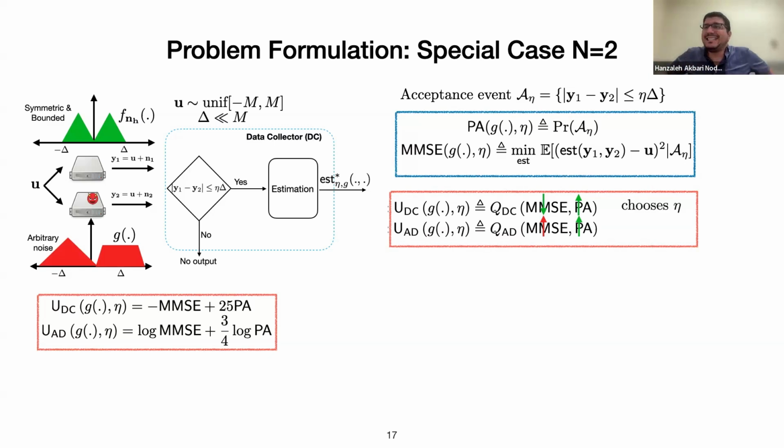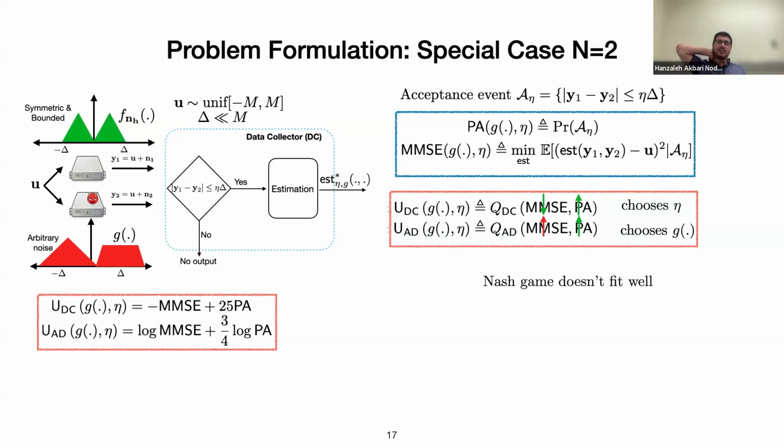Okay, and in this game, the action set of the data collector is to choose eta, the threshold, to accept the computation. And the action set of the adversary is to choose the corresponding noise distribution. Okay, so these are the action sets of both of these players. I want to note here, if you want to define the equilibrium and try to analyze this game, the Nash game doesn't fit well.